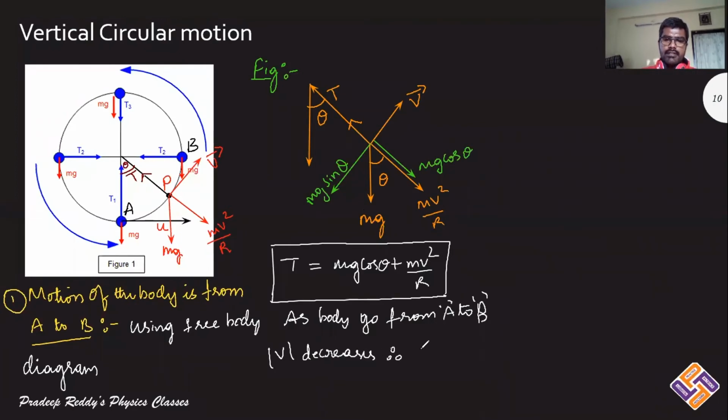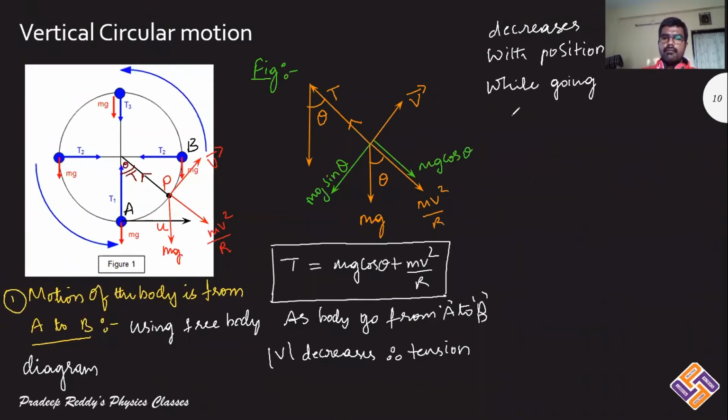Therefore, tension decreases with position while going up. So when the body is going up, tension will be decreased with respect to position, right?